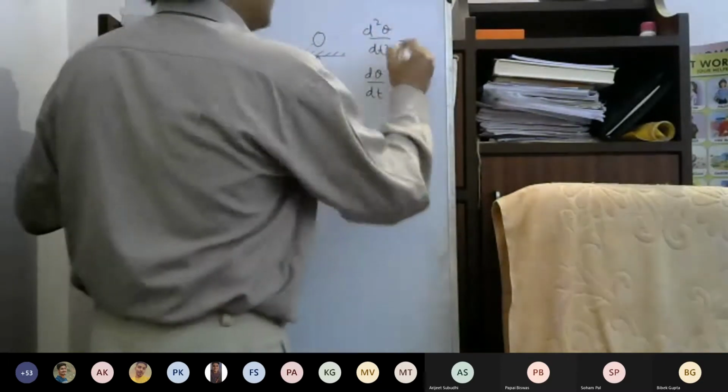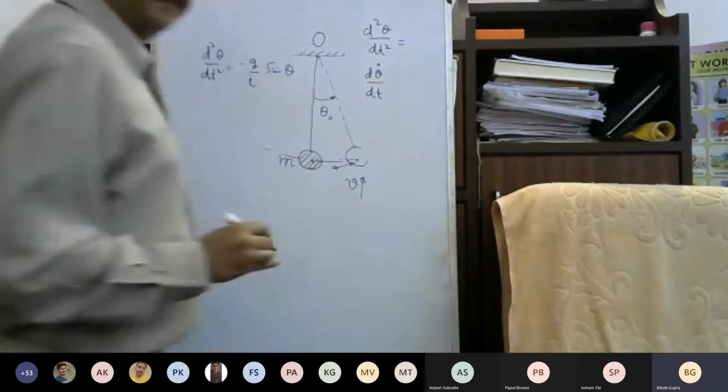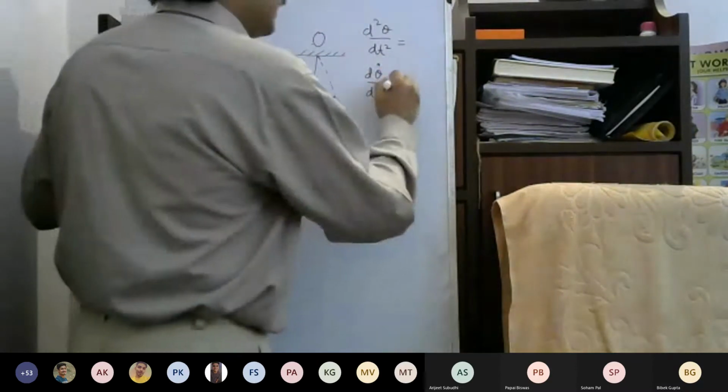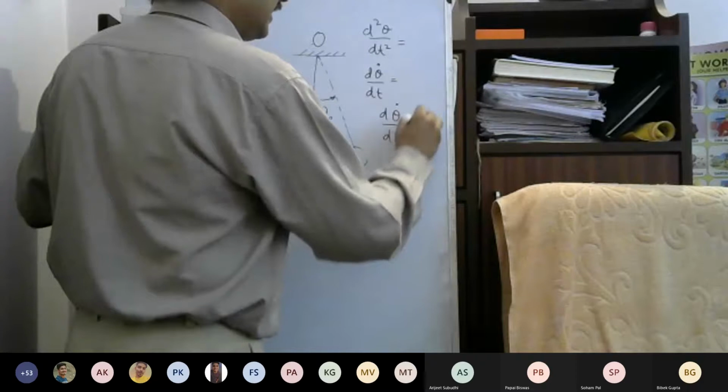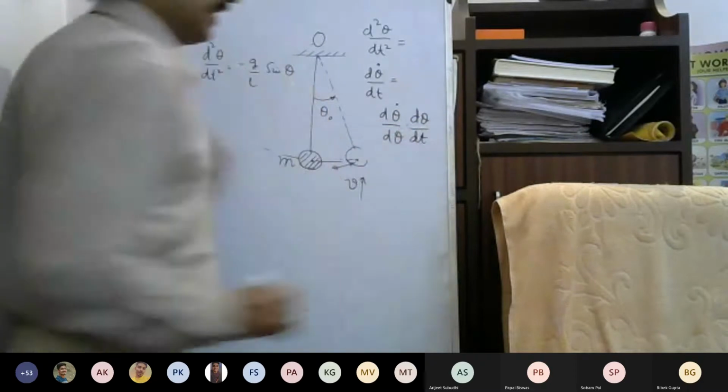What is this? It is d theta dot dt. Let me write it this way, and this becomes equal to d theta dot d theta times d theta dt. Is this clear?